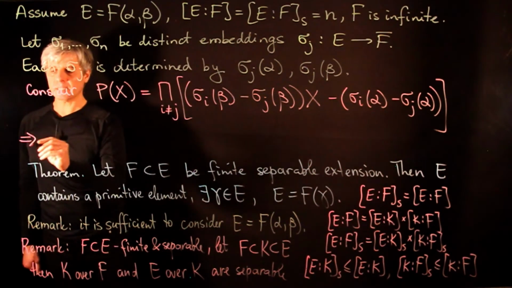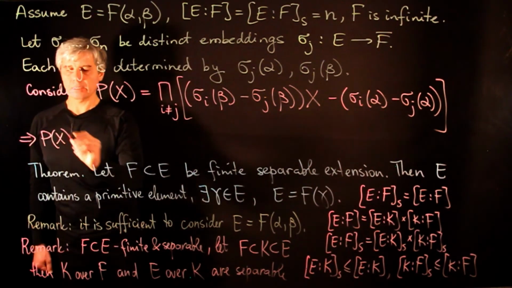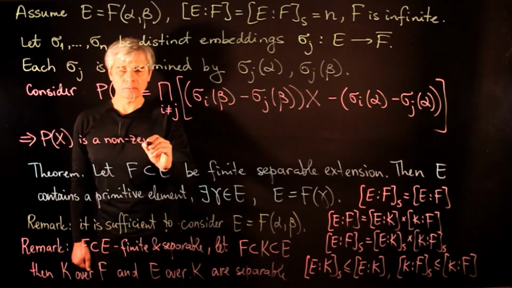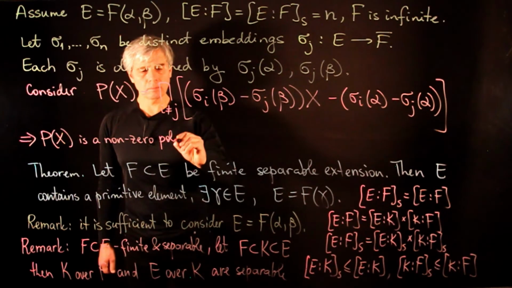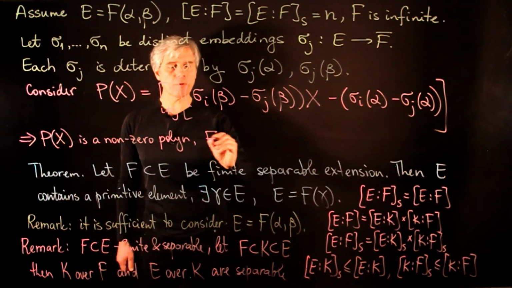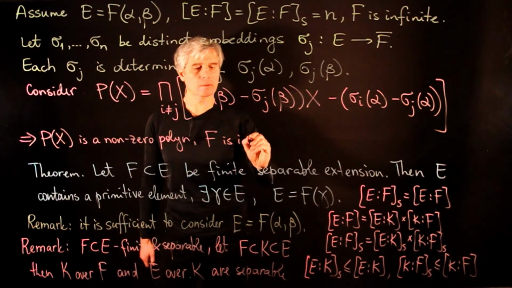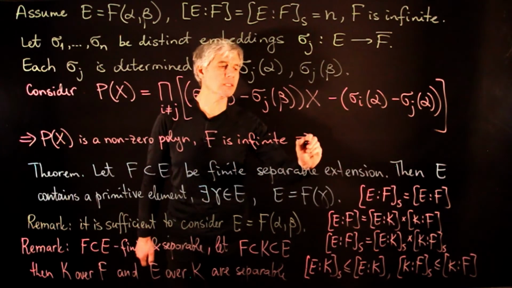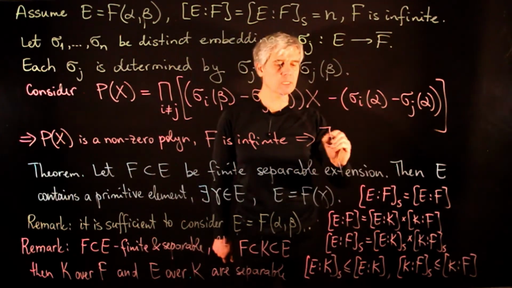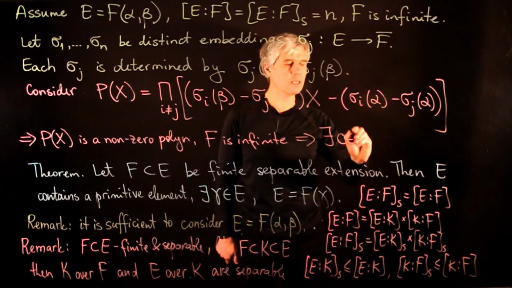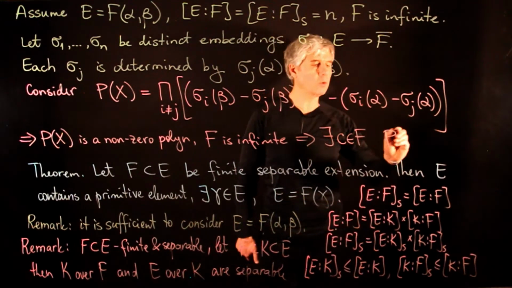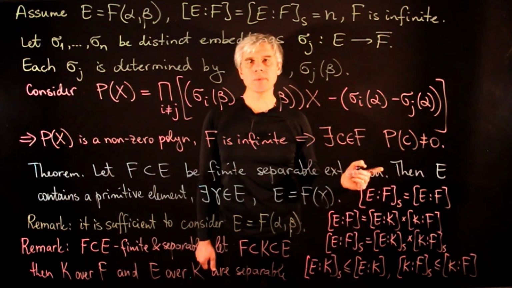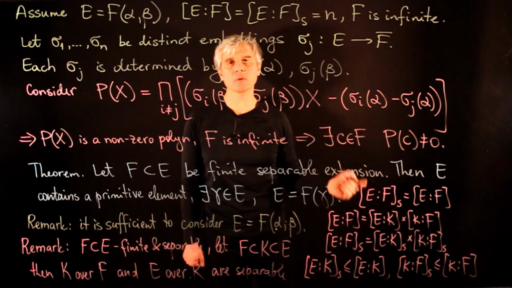So this tells us that P of x is a non-zero polynomial, and since our field is infinite, there exists a constant c in F such that P of c is not equal to 0, since a polynomial can have only finitely many roots.